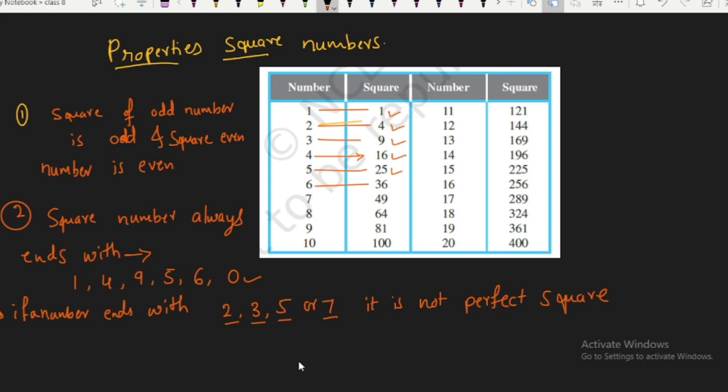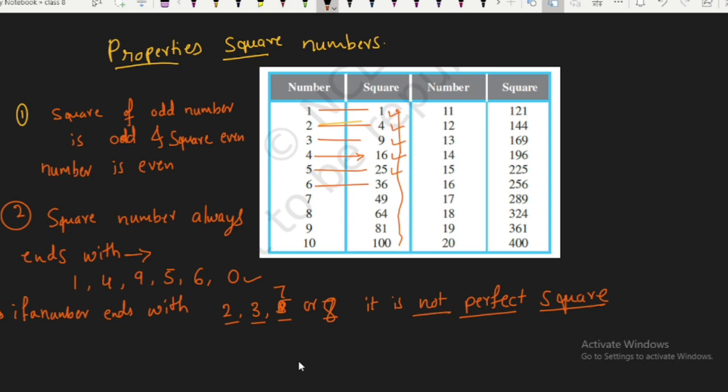So you can see that no square number ends with 2, 3, 7 or 8. If a number ends with 2, 3, 7 or 8, then it is not a perfect square.